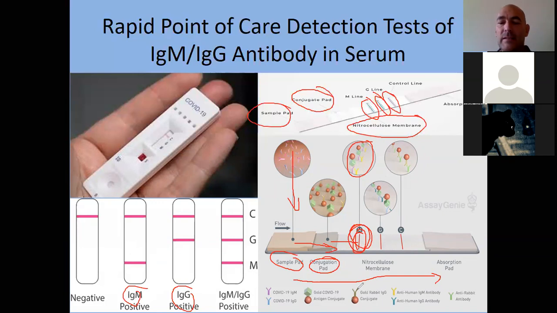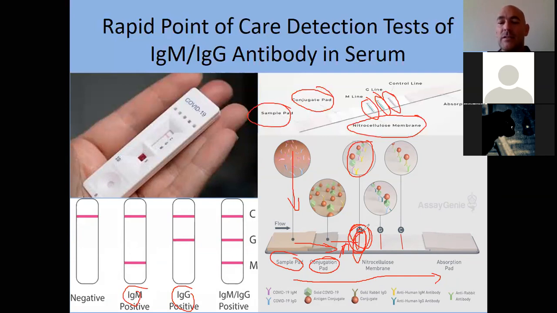That's why now you can see the change of color, because of the accumulation of the gold nanoparticles. Here, you don't see it because these gold nanoparticles with the IgM do not bind to anything. So the color is very light, you cannot see it.